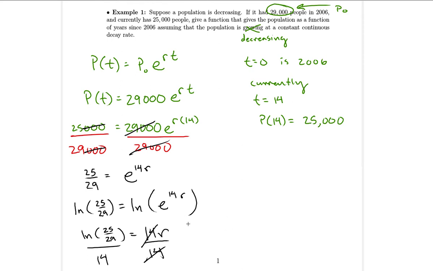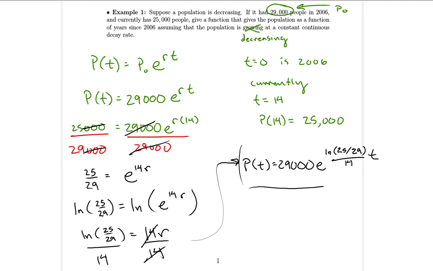So that all leads to this, that the function is 29,000 e to the natural log of 25 over 29 divided by 14 times t. So there's our function right there.